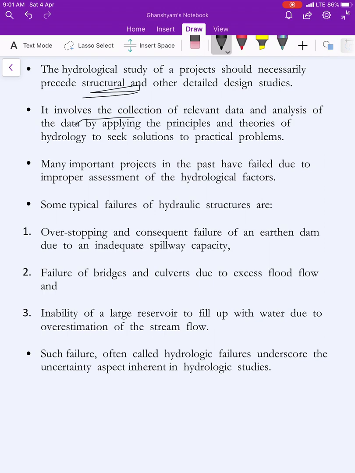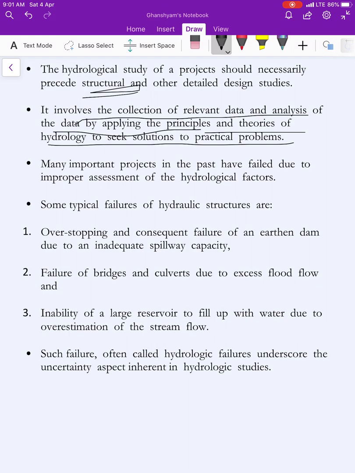It involves the collection of relevant data and analysis of the data by applying the principles and theories of hydrology to seek solutions to practical problems. So if we have some problem, we will take the data, analyze it hydrologically, and then design the structural part after doing the hydrological study.